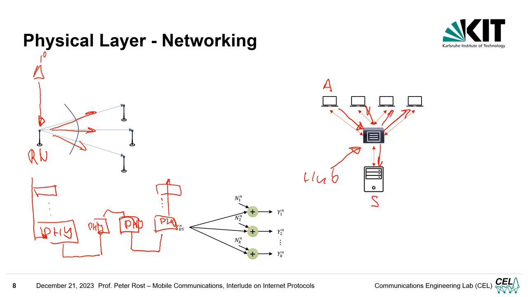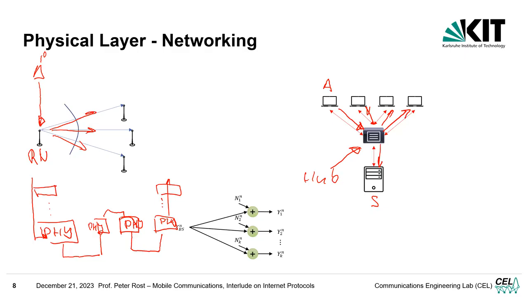In this way, it also occupies resources on communication links that are not concerned at all with the communication between A and S. So you're occupying resources that are actually not necessary.